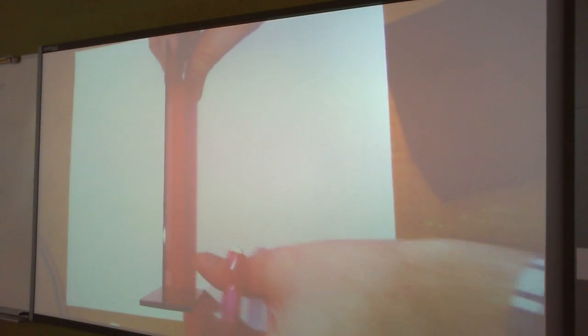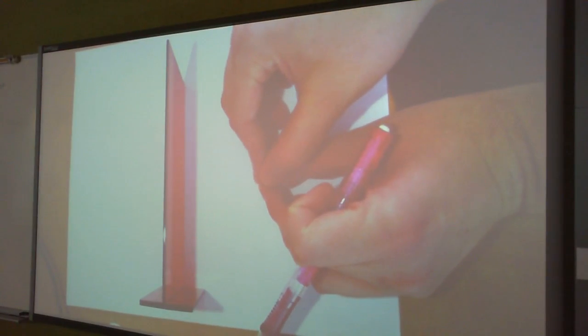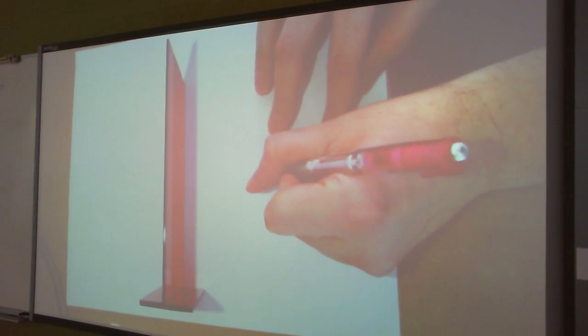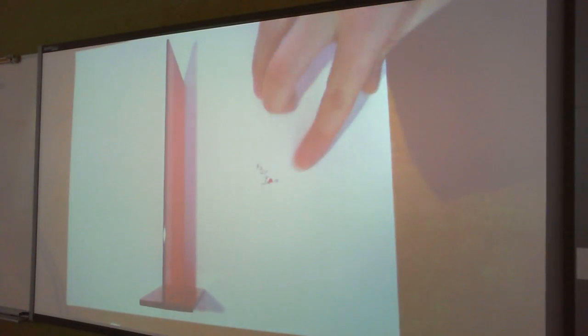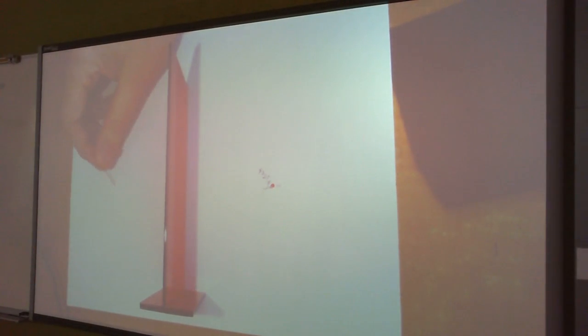And then I'm going to place this object in front, and I'm going to call this the object. That object is going to have an image in the mirror. So go ahead and look in your mirror and see that, a certain distance behind it, you can see your image of the object.